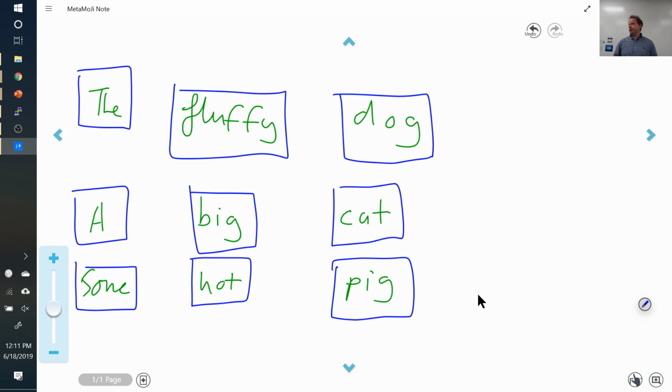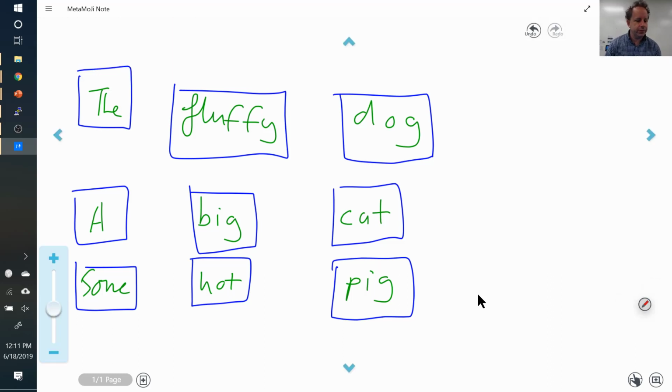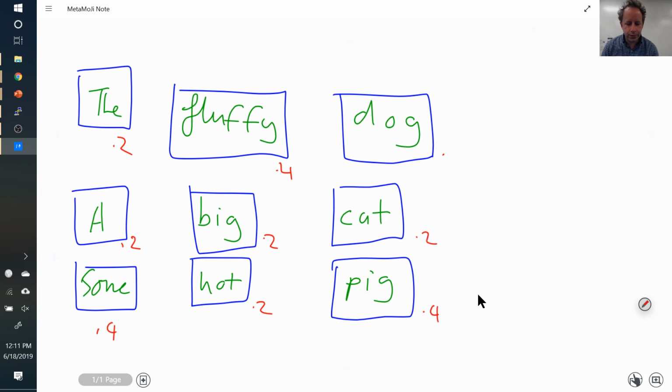So in the greedy approach, you would just pick the highest probability for each. Let's say the probabilities for each were like 0.4, 0.2, 0.2, they're all pretty similar. And this was like 0.4, 0.2, 0.2, and this was like 0.4, 0.2, 0.2.